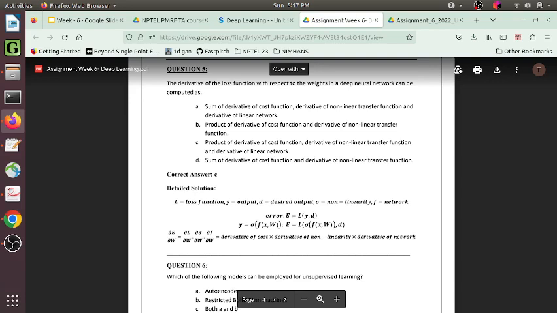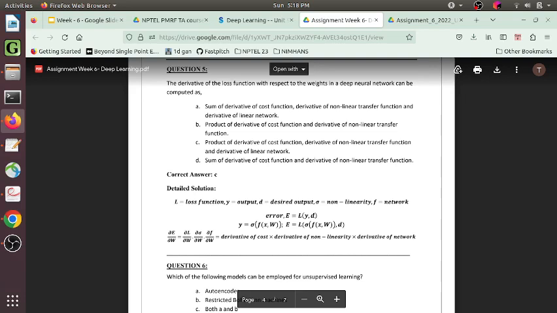So if you want to take the derivative, first you have to take the derivative of loss with respect to your output, then your output with respect to your input. But here also one non-linearity is involved in between, right? Your x is not directly connected to y, it has to first go through the sigmoid.